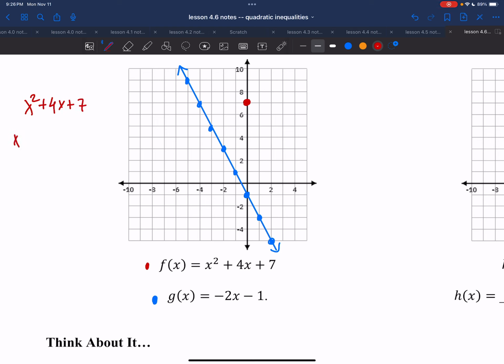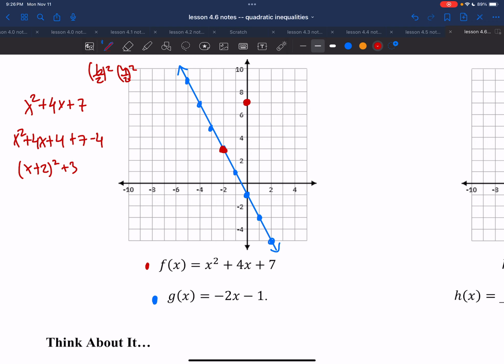We take the big guy, divide by 2, then square it, and you get 4. Because b over 2 squared is 4, so it's plus 4, plus 7, minus 4. Then this factors as x plus 2 squared plus 3, which means the vertex is left 2, up 3. So it's going to intersect right there, where they're going to touch.